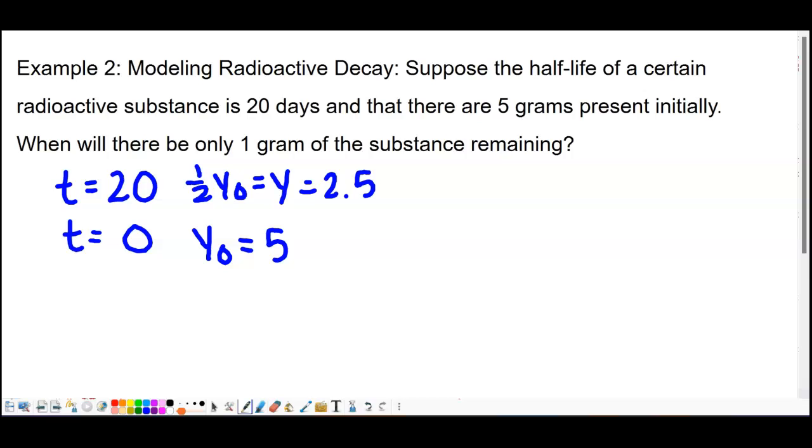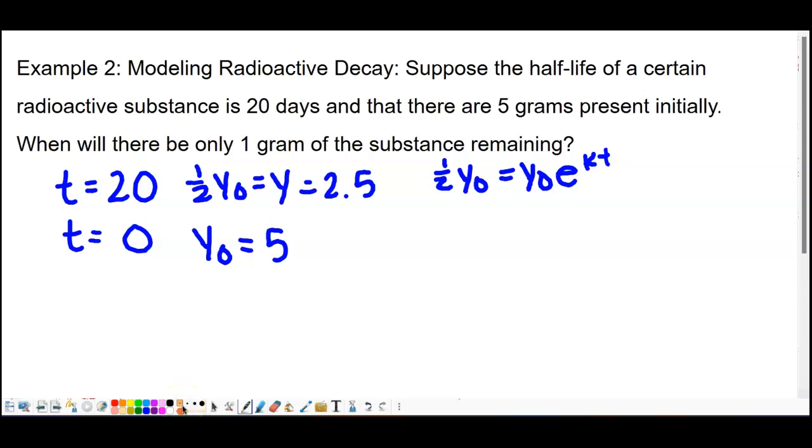It asks, when will there be only 1 gram of the substance remaining? So I actually have to do 2 calculations. First is I need to solve for variable k. So I'm going to use the idea of 1/2 y naught equals y naught e to the k of t.